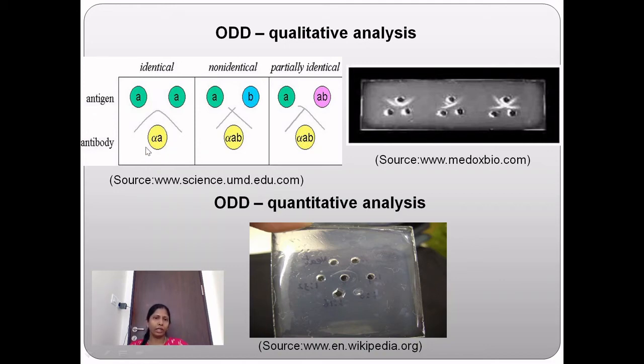A polyclonal antibody which can interact with both the given antigens separately is loaded into one of the wells. Two wells of the same size are made at the same distance from this antibody well, and these are loaded with the two given antigens. These are allowed to undergo diffusion at room temperature under moist conditions.